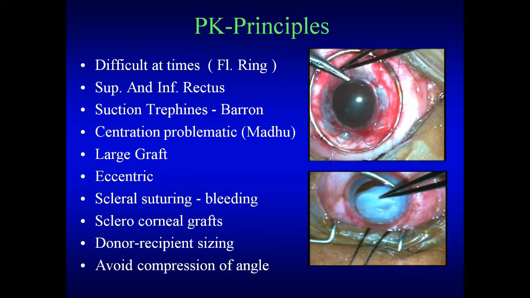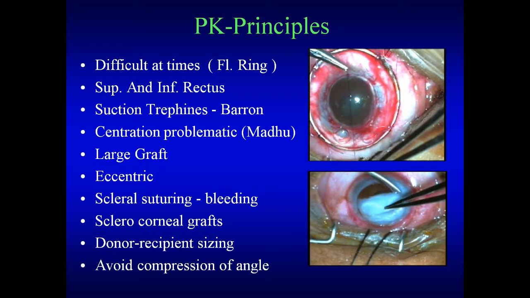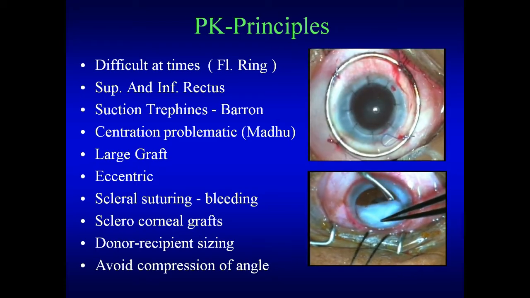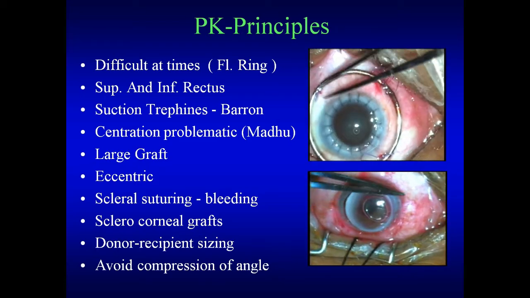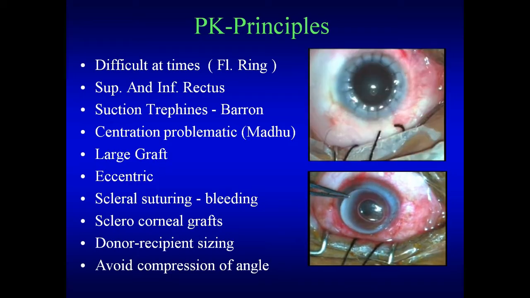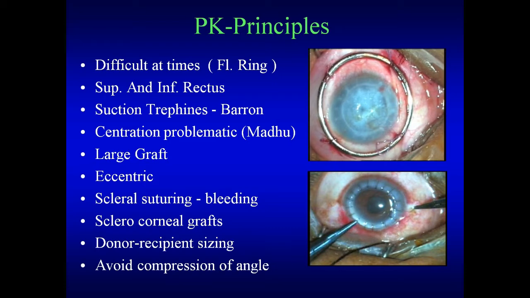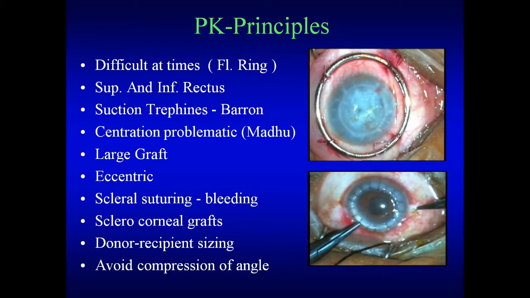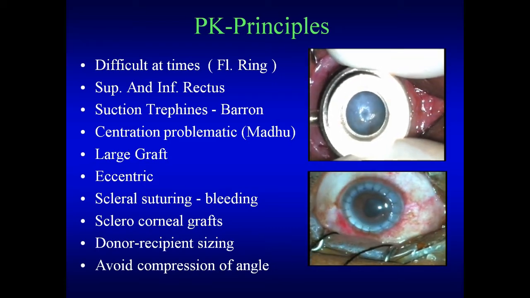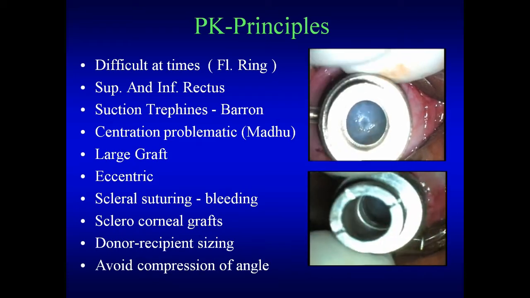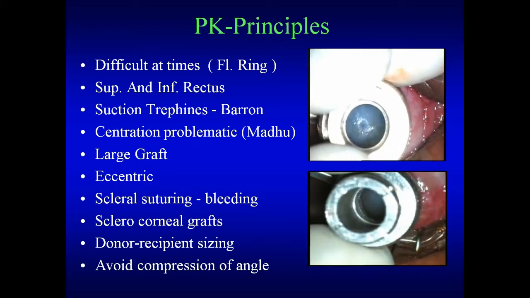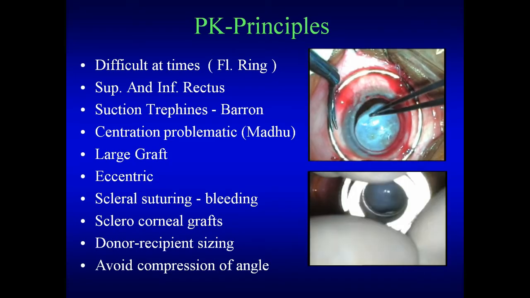Centration is always problematic in these cases. Many of these cases need very large grafts. Sometimes they need eccentric grafts, and scleral suturing, etc., can cause bleeding. You have to appropriately size the donor cornea buttons, and very important, always avoid compression of the peripheral angle to avoid secondary glaucoma.